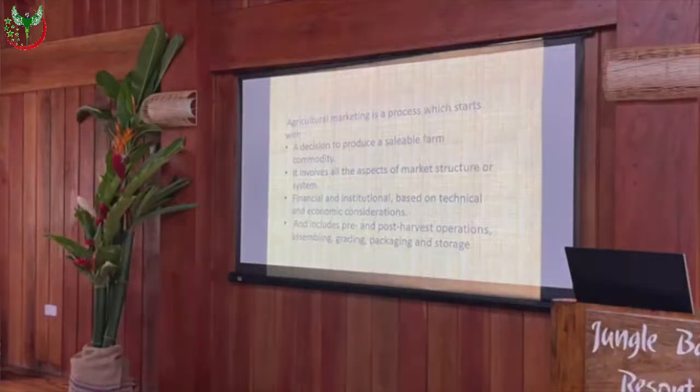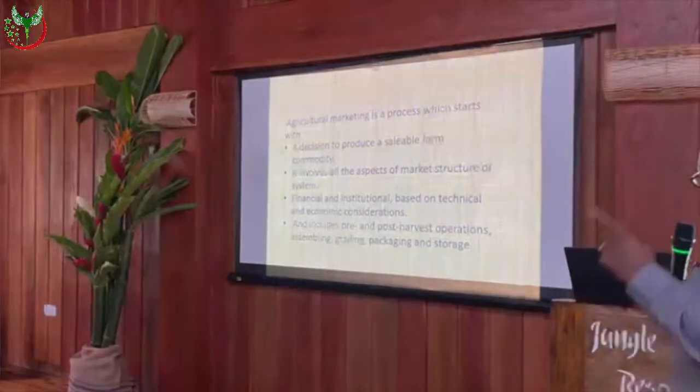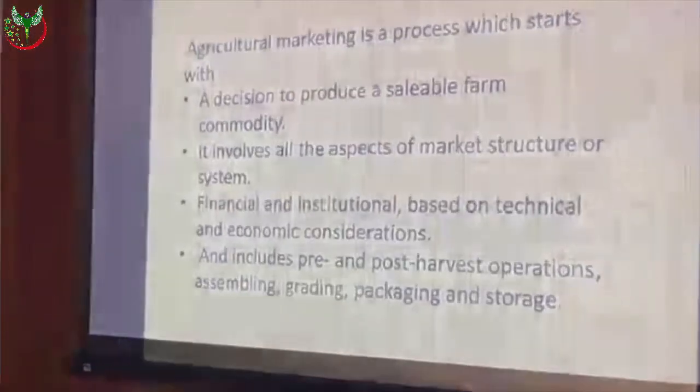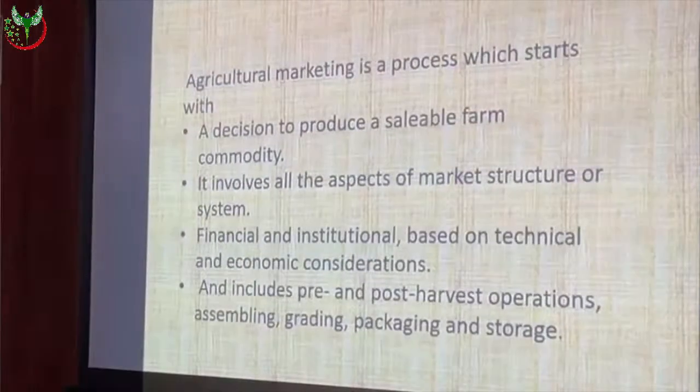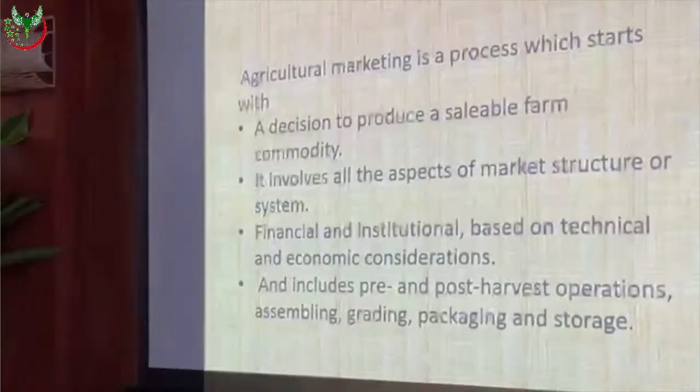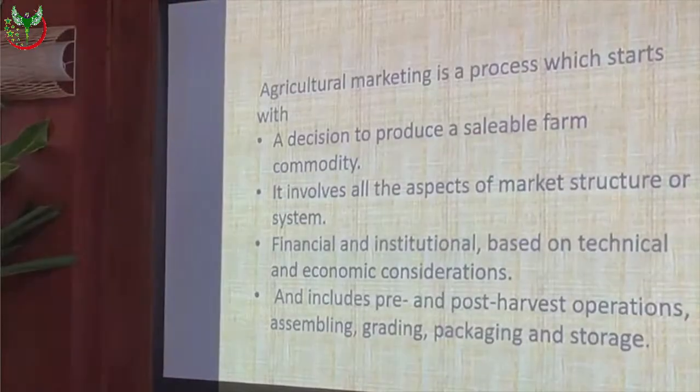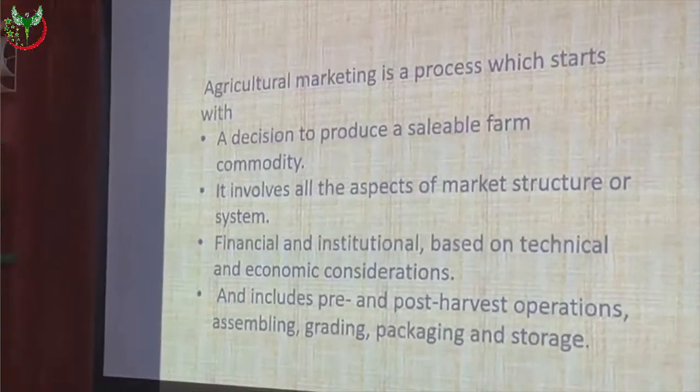Very briefly, agriculture marketing is a process which starts with somebody making a decision to produce something that they know there is a need for. So you decide you want to go into agriculture.